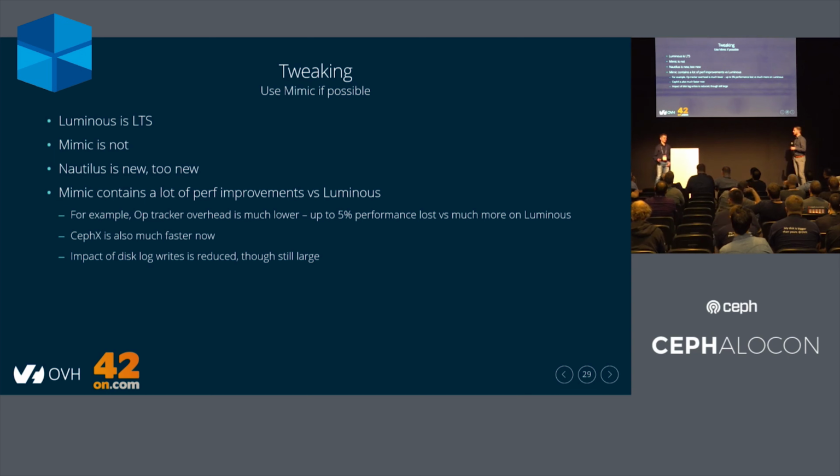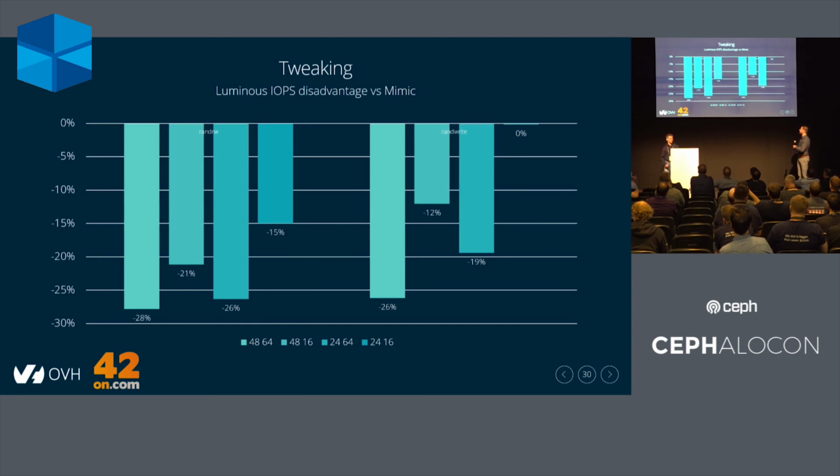When I was doing the testing, it wasn't even out, so I wasn't sure if it was going to meet our needs, so we decided to stick to Mimic. And speaking of Mimic performance, you can see it's up to 28% performance increase when going from Luminous to Mimic alone. So I highly recommend going to Mimic.